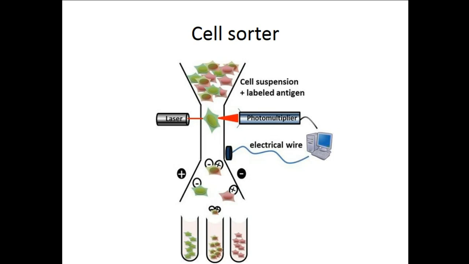So here you see all the rest of the blood cells going into the disposal, whereas this group of cells we're interested in, because they got an electrical charge applied, it's separated. And that's, again, if you're interested in research, this is where the flow cytometer comes into its own.